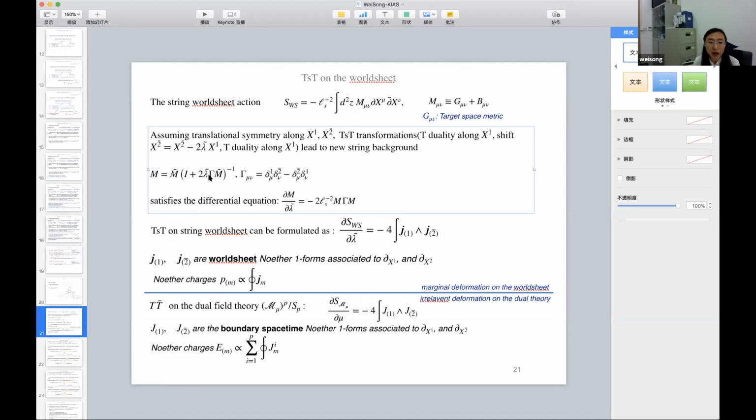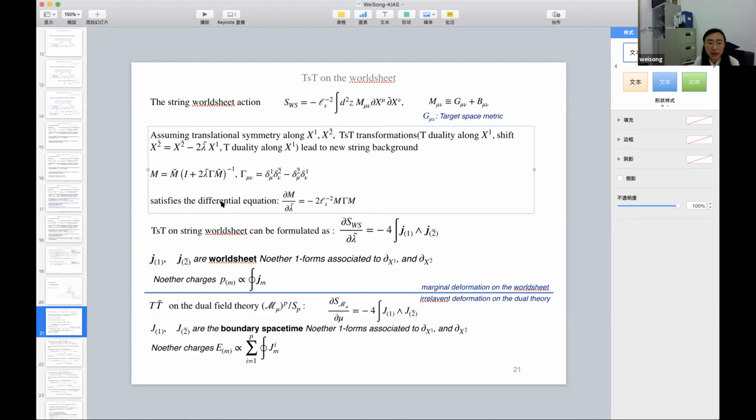And gamma is a matrix which picks up these two U(1) directions, x1 and x2 bar. So the effect of TsT is to change this M to M tilde.